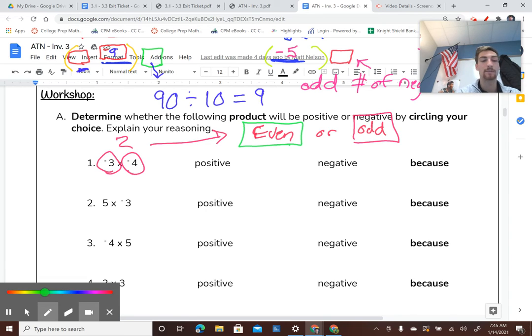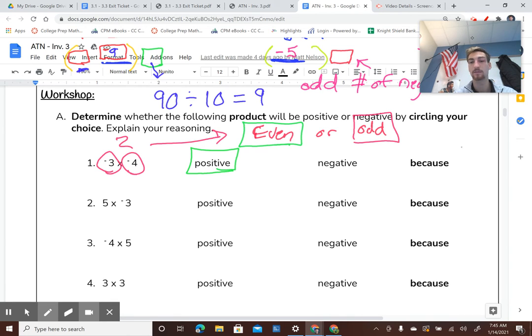And when we have an even number of negative factors, then our answer is going to be positive, because there are 2 negative numbers. Awesome. There's my reasoning. There's my answer. And now I can move on to the next set of problems.